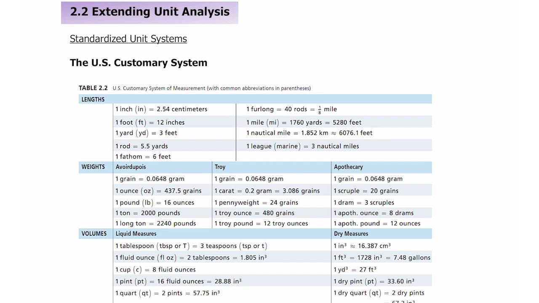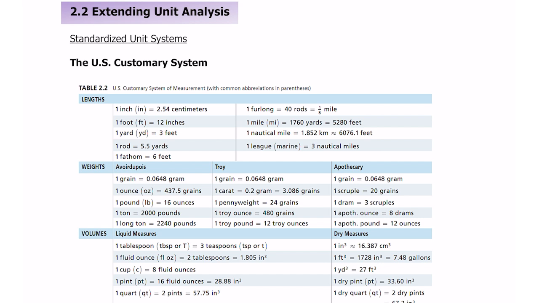And then we also have the weights for the US customary system. So it's broken down into these three different groups. You've got this group, it's pronounced avoirdupois, and it's based on 1 pound being equal to 16 ounces. And then you have your other equivalents, and then you've got the troy system of weights, which originated back in England around the 15th century.